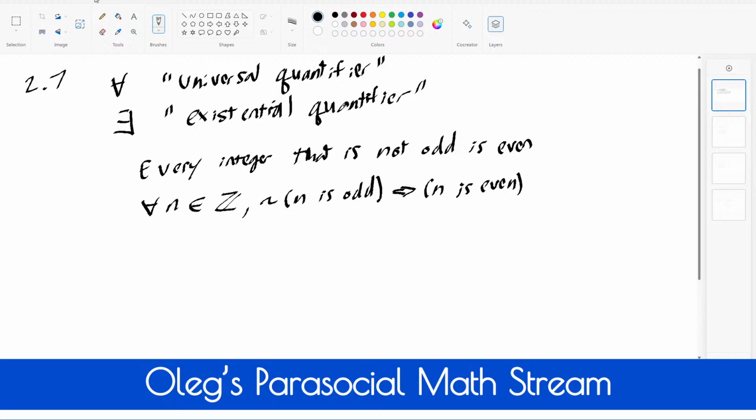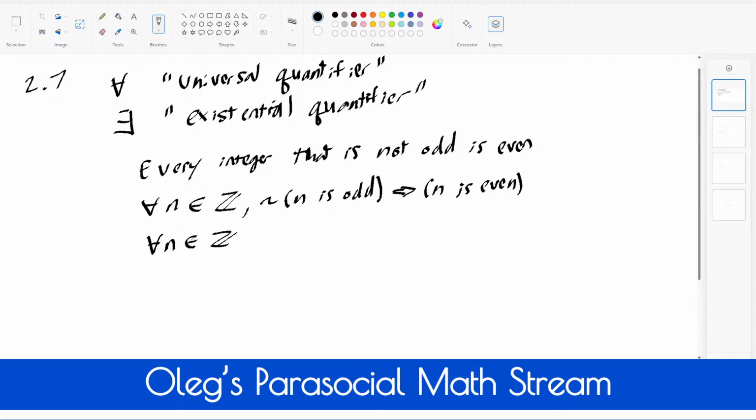Okay, so actually, let's do this other version of it. Instead of saying n containing integers, we're just going to say all integers. This is just going to be integers. Just going to read it like that.